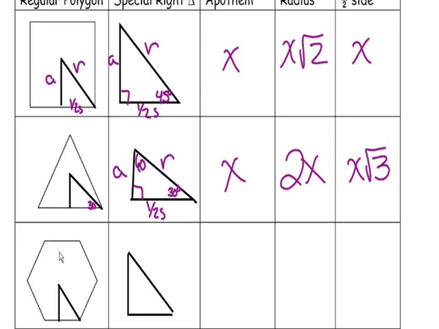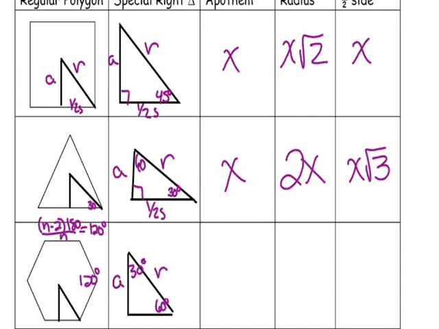If you'll remember, we can find the measure of each interior angle by taking the number of sides minus 2 times 180 and dividing it by the number of sides. In this case, this has 6 sides. So when I work this all out, I find that each interior angle measures 120 degrees. So if this bisects that 120 degrees, then this right here measures 60, and this measures 30.